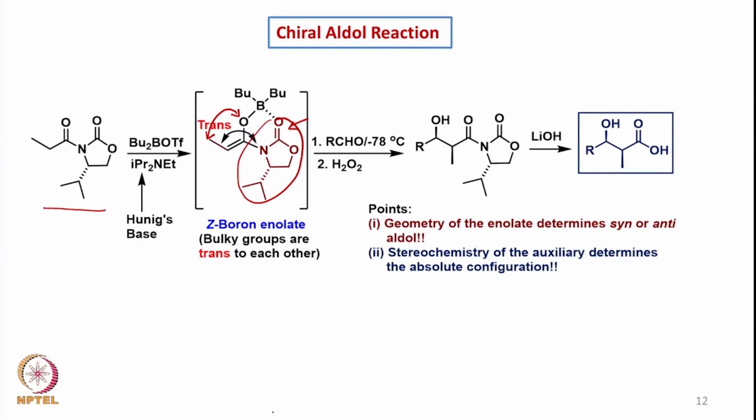But when the aldehyde is dropped into the reaction mixture at a low temperature of -78 degrees, then for the reaction to occur to give the aldol product, there has to be a chelation between boron and the aldehyde oxygen, and therefore this particular chelation has to break down.